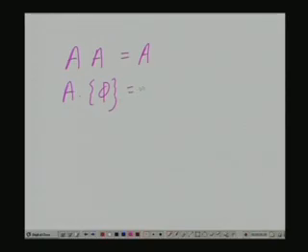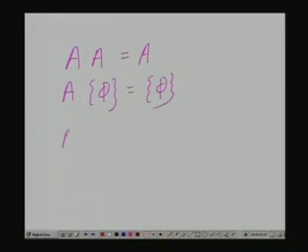Certain things you can see that A intersection with A will give you A. A intersection with phi will give you what? Phi. Because this is common in this also.